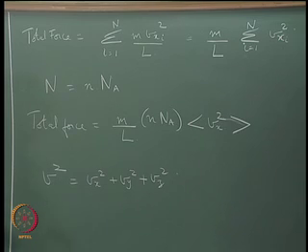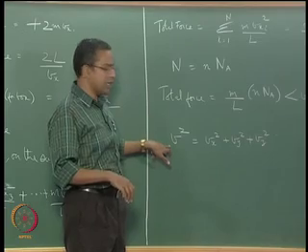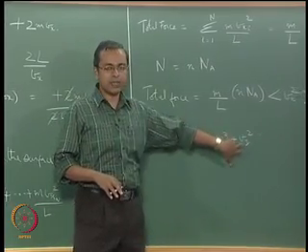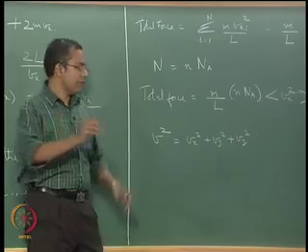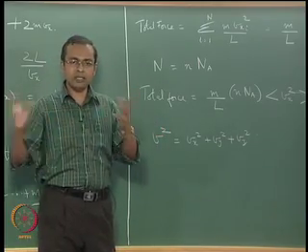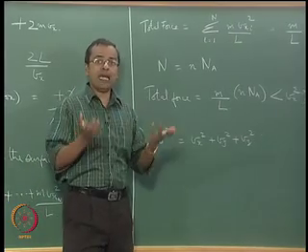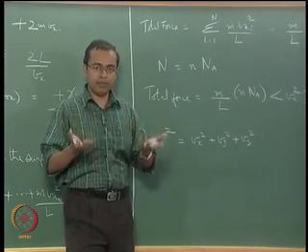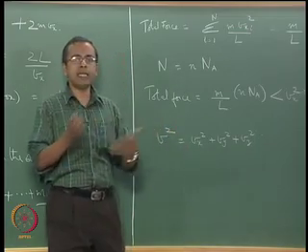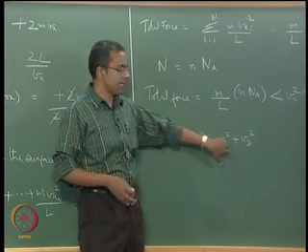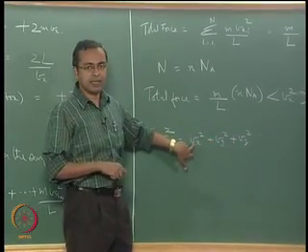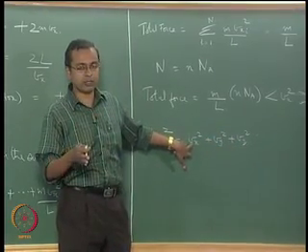So the square of the actual velocity will be Vx square plus Vy square plus Vz square. Since we do not have any specific preferred direction, a particle has equal probability of having a certain velocity in the x direction, the y direction or the z direction. There is no preferred direction where it is likely to have higher velocity.